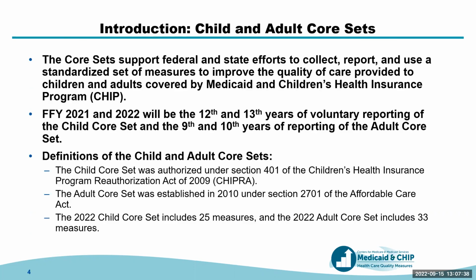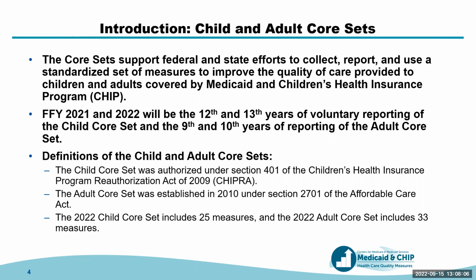Thank you. So to begin, this slide introduces the child and adult core sets. The core sets support federal and state efforts to collect, report, and use a standardized set of measures to improve the quality of care provided to children and adults covered by Medicaid and CHIP. FFYs 2021 and 2022 will be the 12th and 13th years of voluntary reporting of the child core set and the 9th and 10th years of reporting of the adult core set.